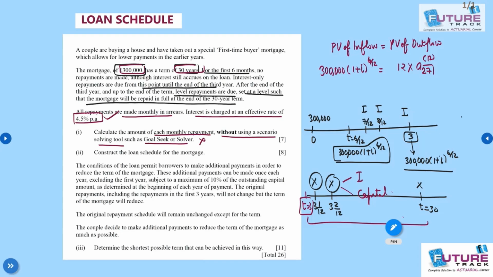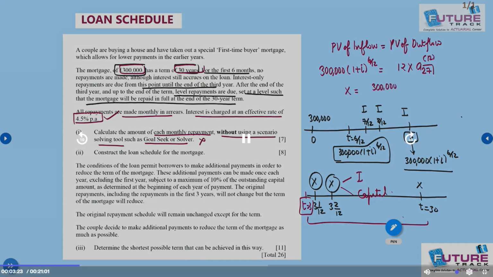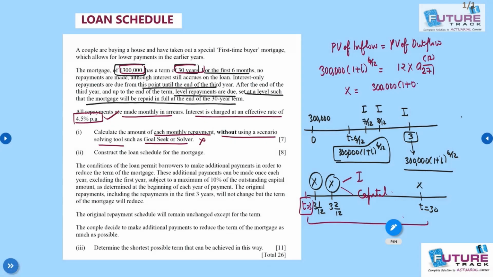So class, what is my x equivalent to? Class, my x is equivalent to 3 lakh into 1 plus 0.045 raised to power 1 by 2, whole divided by a 2712 (12), right? And class, what is my a 2712 (12)?